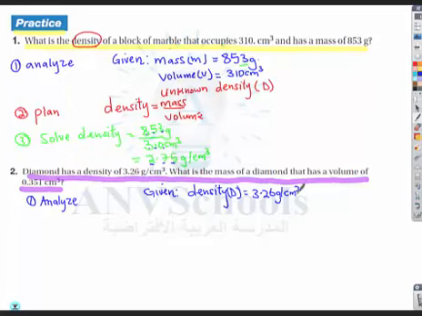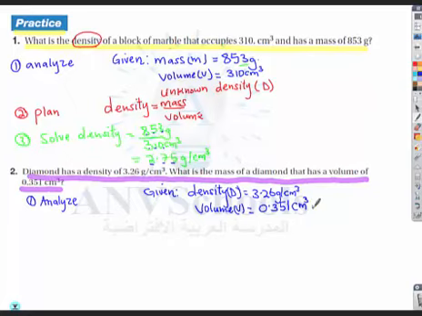We have also been given volume V. The volume V here is 0.351 cubic centimeters.